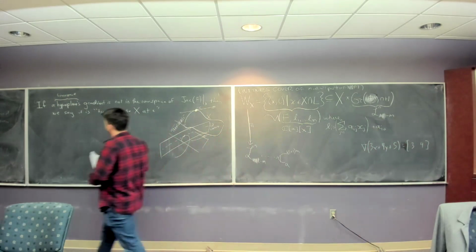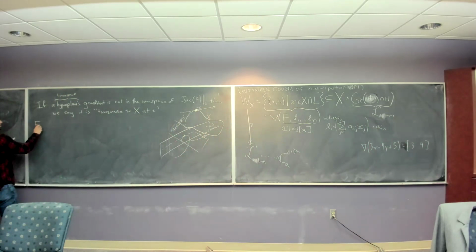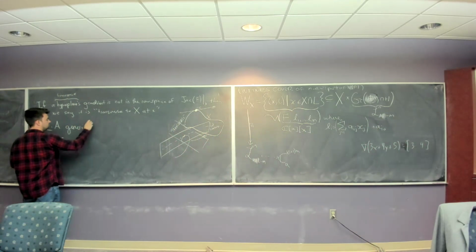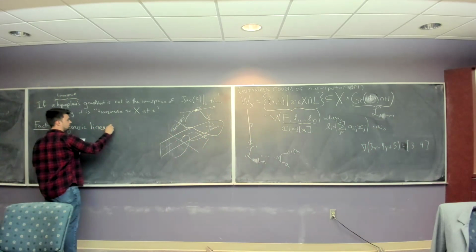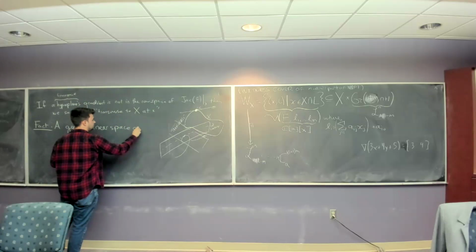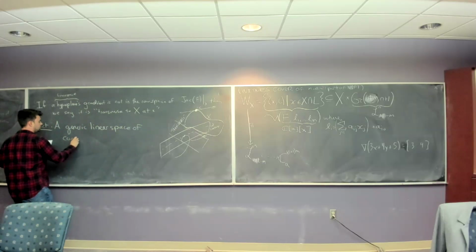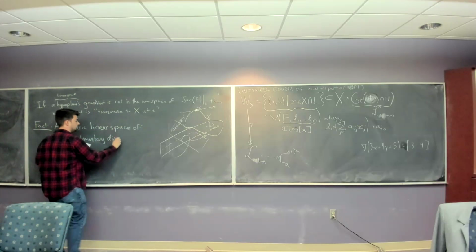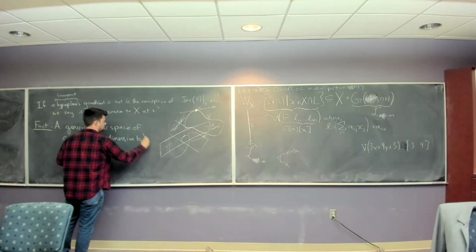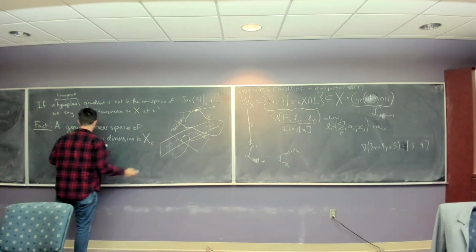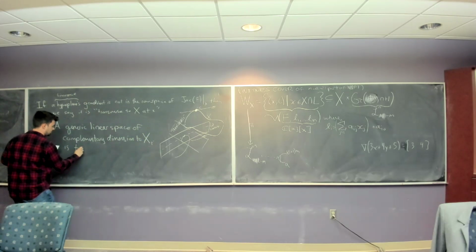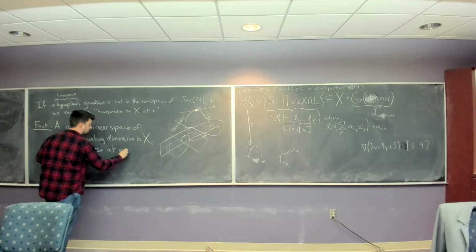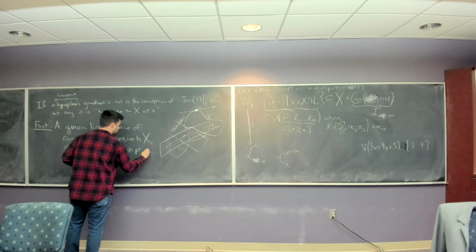Okay. And now a fact, let's say: a generic linear space of complementary dimension to X is transverse at each point of intersection.